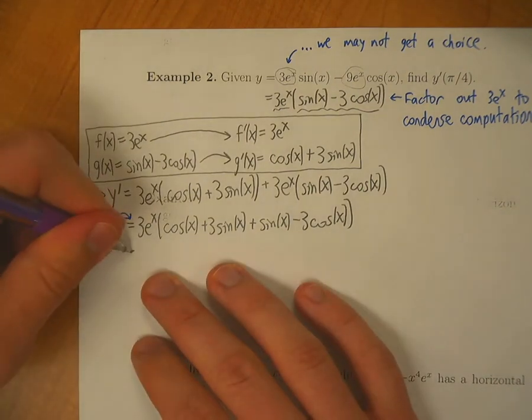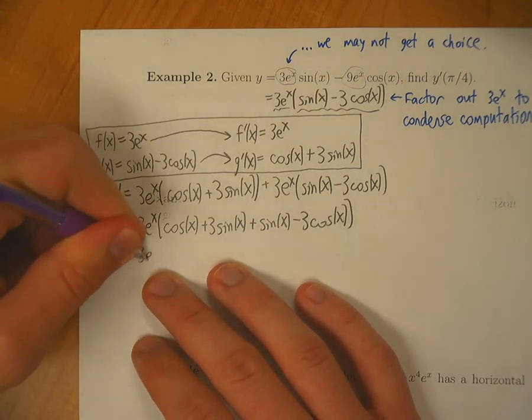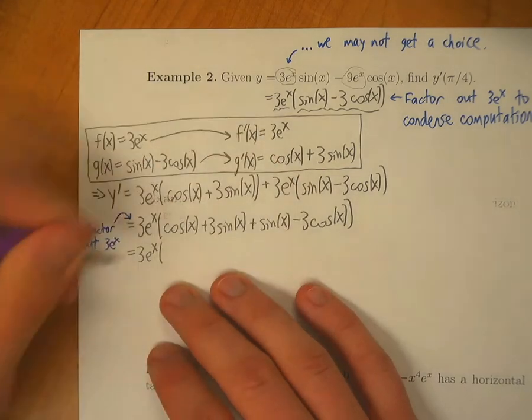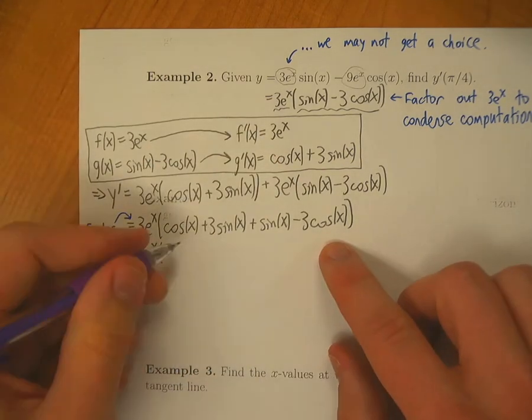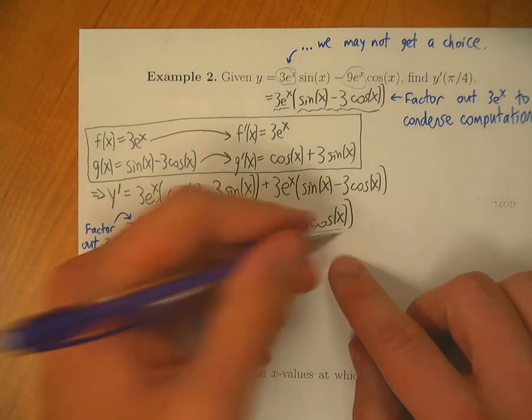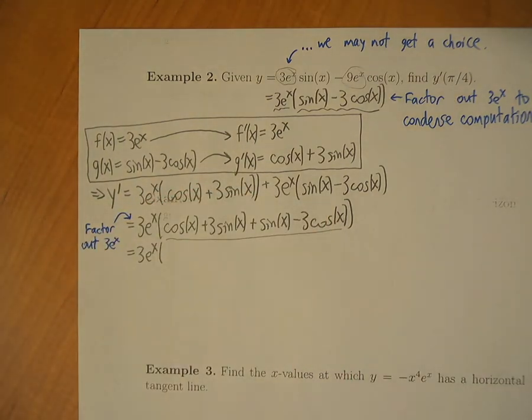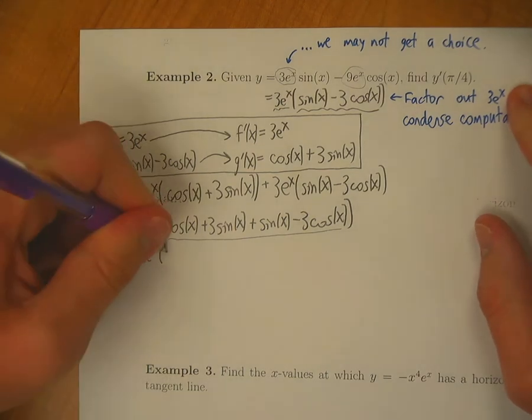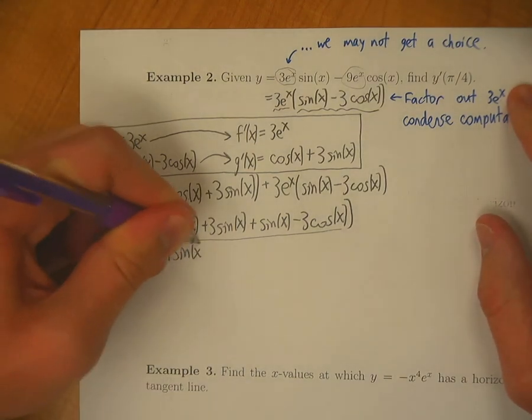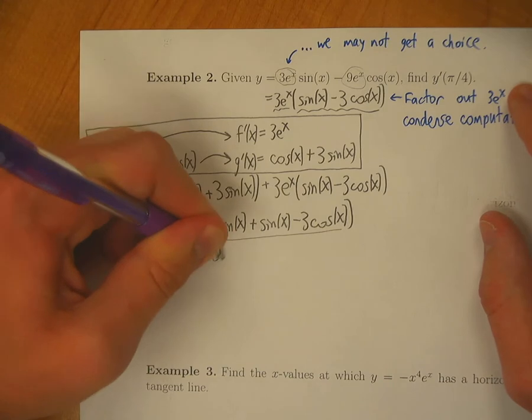Now that we have that, we have 3 times e to the x, and if we simplify the expression inside the parentheses as much as we can, that should give us what? 4 sine of x minus 2 times cosine of x.